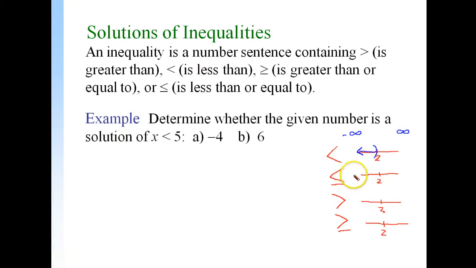Now for this one we're saying x is less than or equal to 2. So now 2 is included in the set. So instead of a parenthesis which states it doesn't include the 2, we use a bracket which states it does include the 2 now, but the rest of this is all the same.